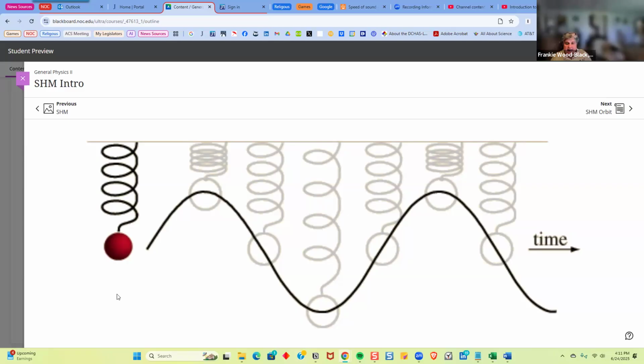So one of the things that happened in Physics 1 is we didn't bring a whole lot of time into our motions. We did velocity and we did acceleration, but we didn't have these functions of time. So we get to the maximum, we get to the minimum, and this is kind of that equilibrium point.